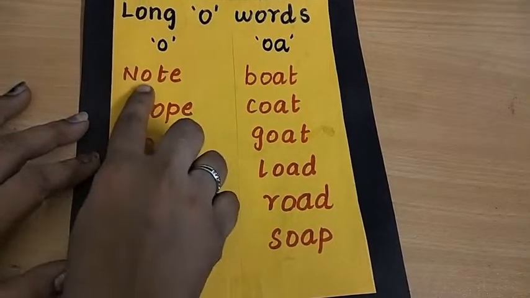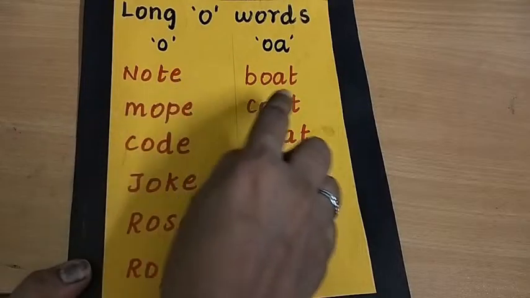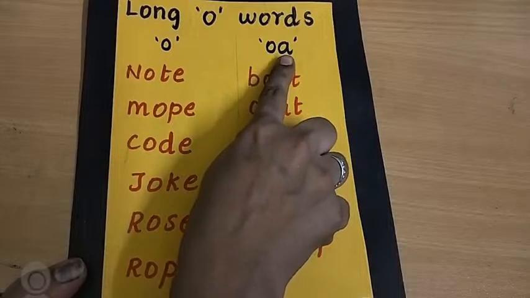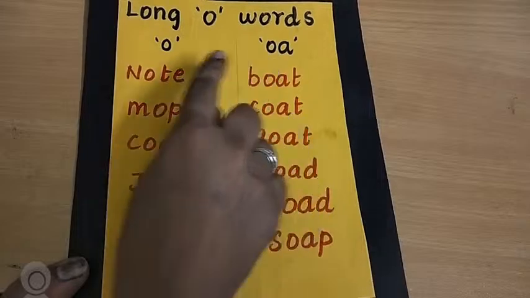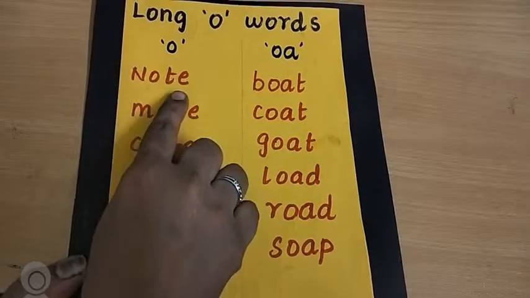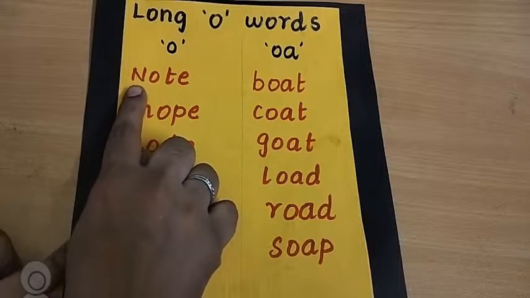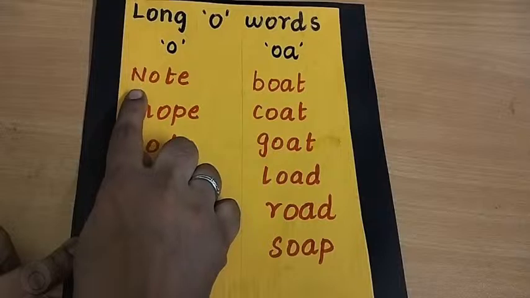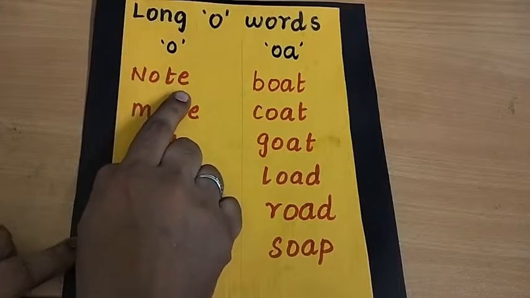In this I have given you the case of E at the end and OA, in which both the vowels combine together and the first one takes its sound. So in letter O with E, first we'll go with N O T E. The sound of N is N. You have E at the end of the word.